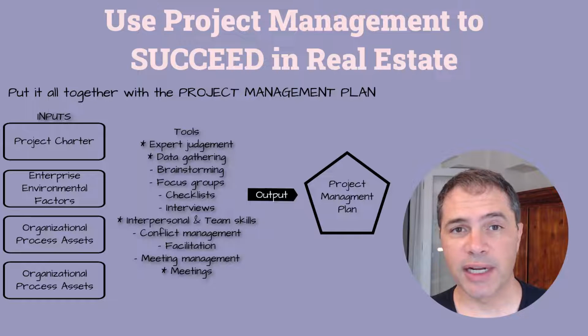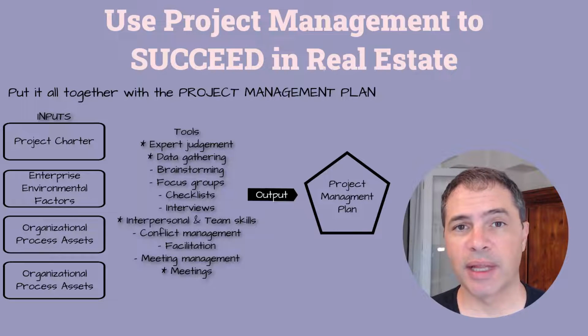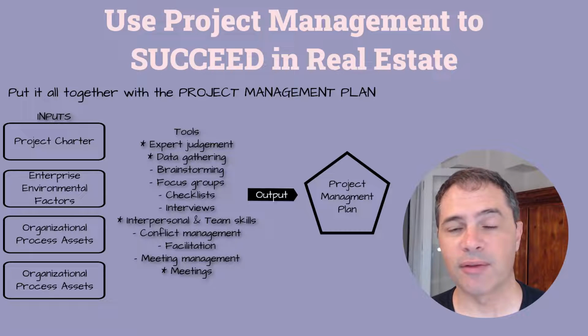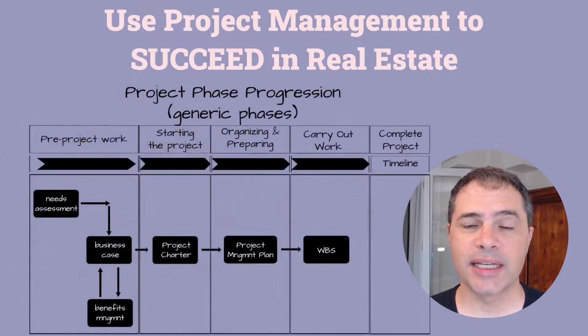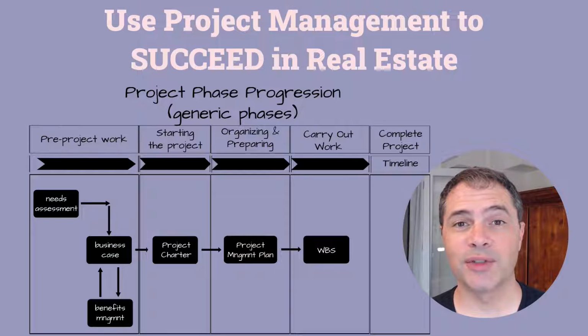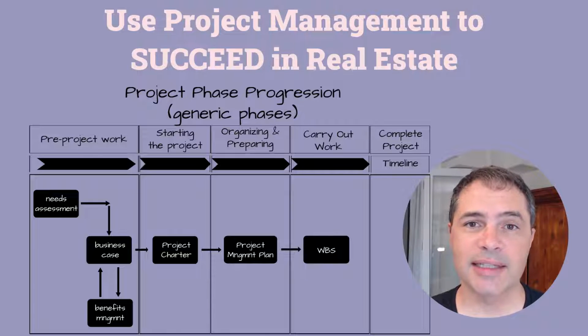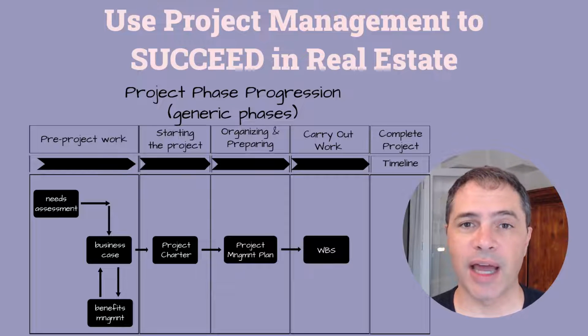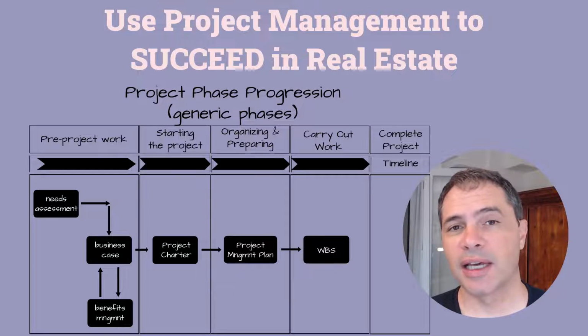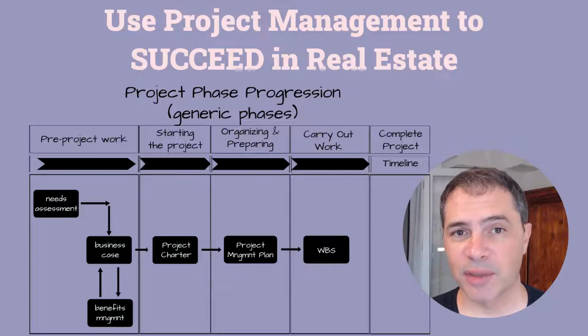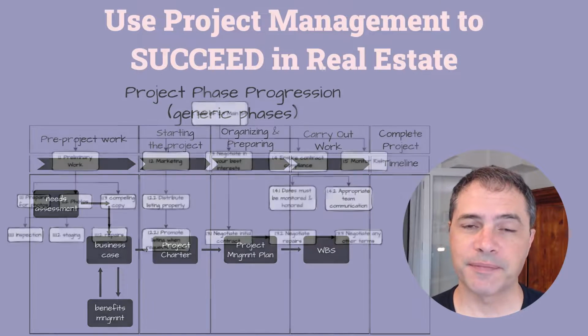We also have the organizational process assets that go into planning: what checklists do we have, what's our knowledge base, and what is the training, skill level, and talent level of our personnel. So we've had the business case and the benefits management plan that went into the project charter, and we also used the environmental factors and our process assets to develop our plan of how we're going to measure it, who's responsible, and how people need to be communicated with. This goes into our plan.